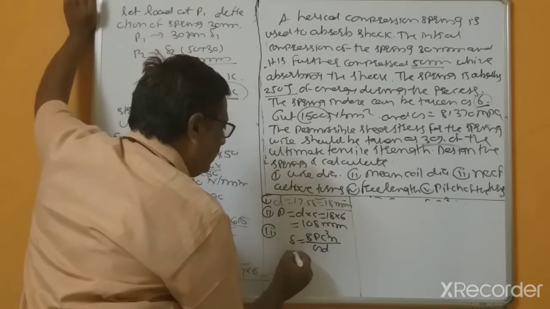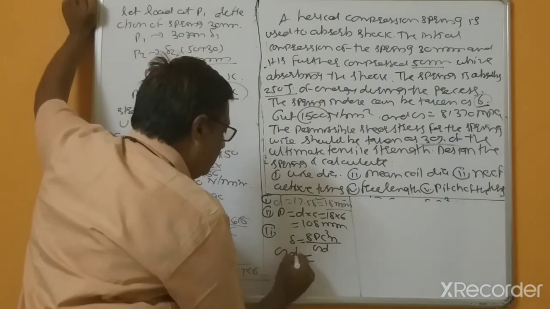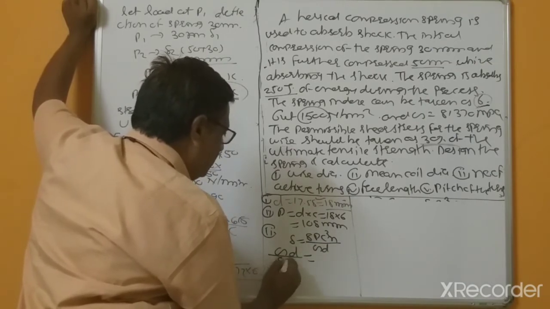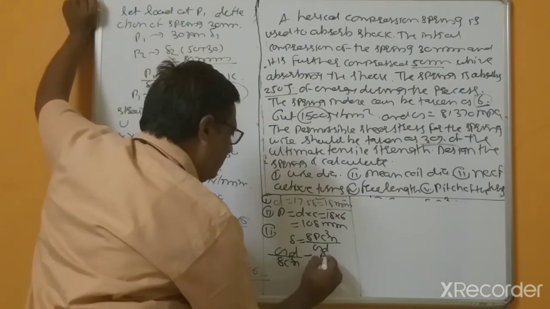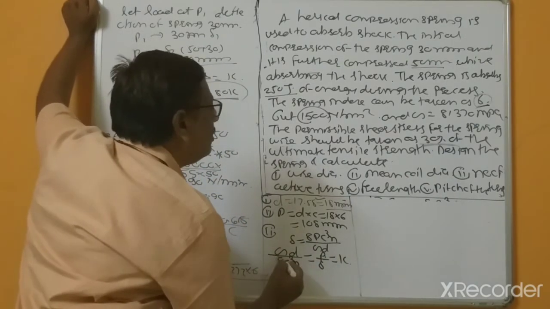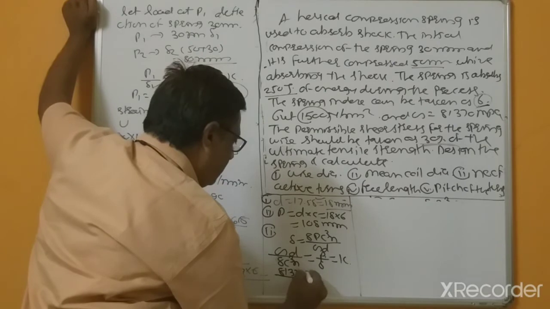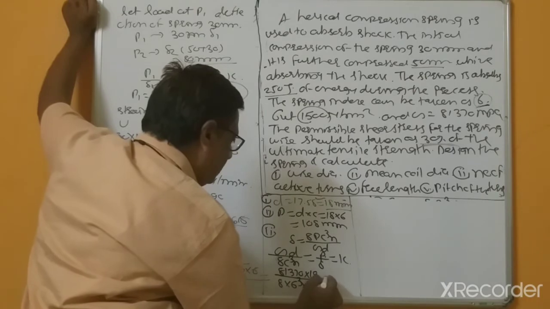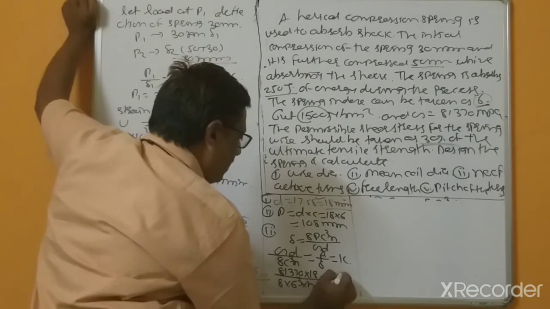And the same we can modify because we know K. So GD divided by 8C cube into N, and P divided by delta equals K. So 81370 multiplied by 18, 8 into 6 cube into N, and K equal to 90.90.